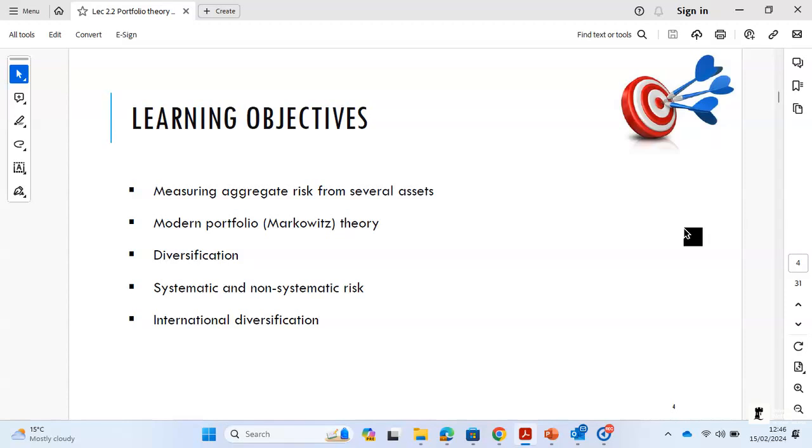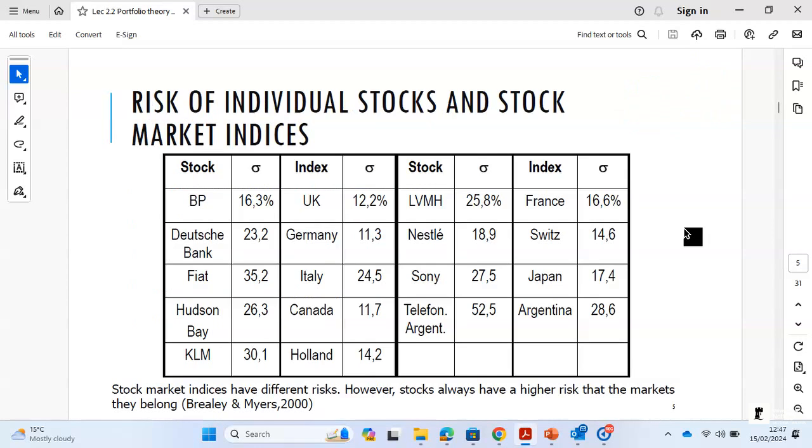We already talked about modern portfolio theory by Harry Markowitz. We'll look at the effect of diversification, and we'll try to differentiate between systematic risk and non-systematic risk. In your third year of your undergrad degree, you must be familiar with these terms. So we'll quickly go through these terms again. And lastly, I'll show you some evidence of international diversification.